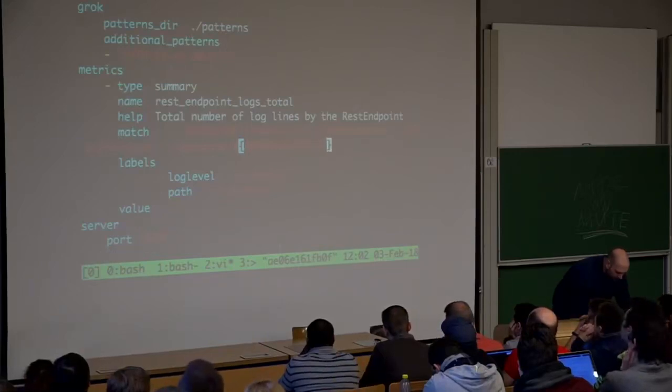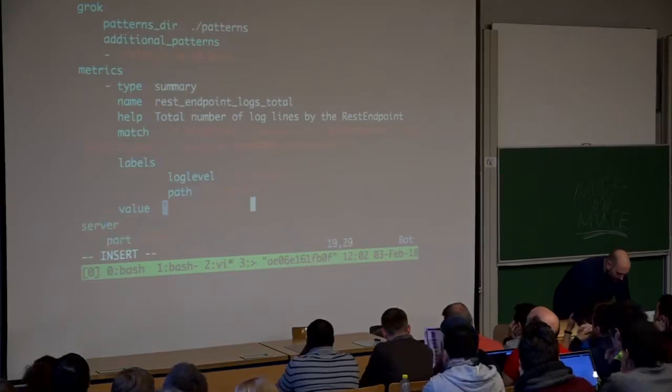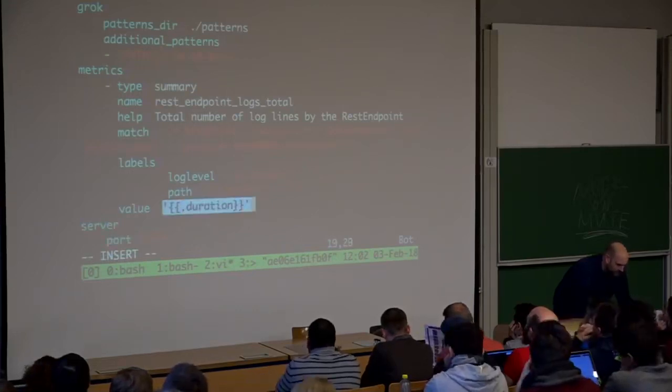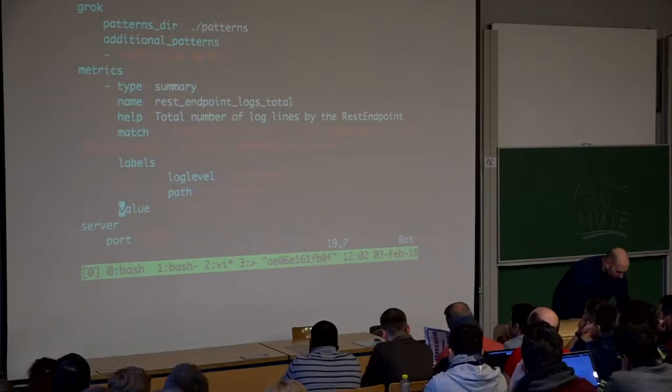Duration, okay? I highlight it so that you can read it. And then I can use it down here. I can just say duration. So now I have an aggregation metric called a summary, and I'm going to use the duration as the value for aggregating. So let's save it and start it again.